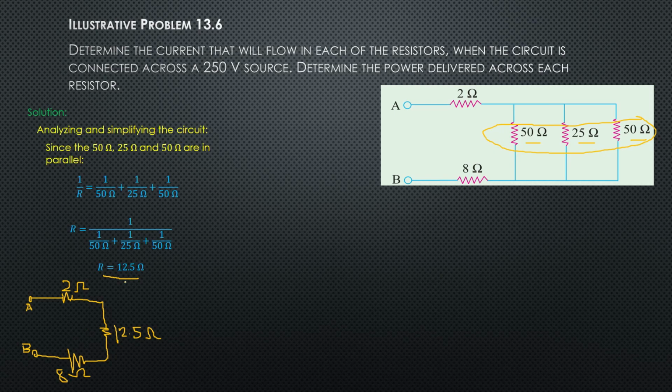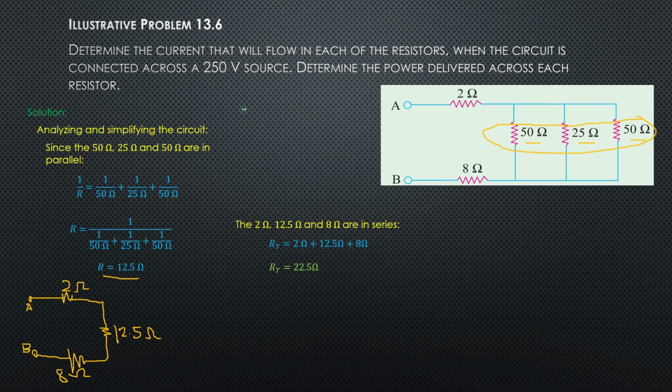Now the 2 ohm, the 12.5 ohm, and the 8 ohm resistors are in series. So solving the total resistance of the whole circuit, that gives us 2 ohms plus 12.5 ohms plus 8 ohms, which is a value of 22.5 ohms.